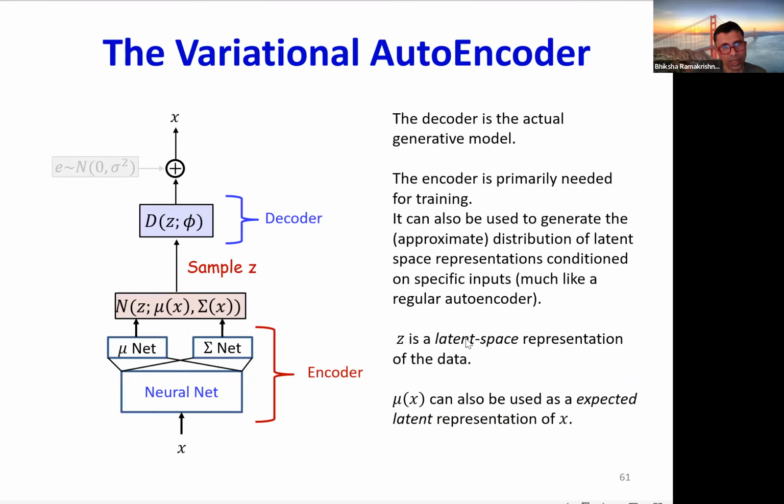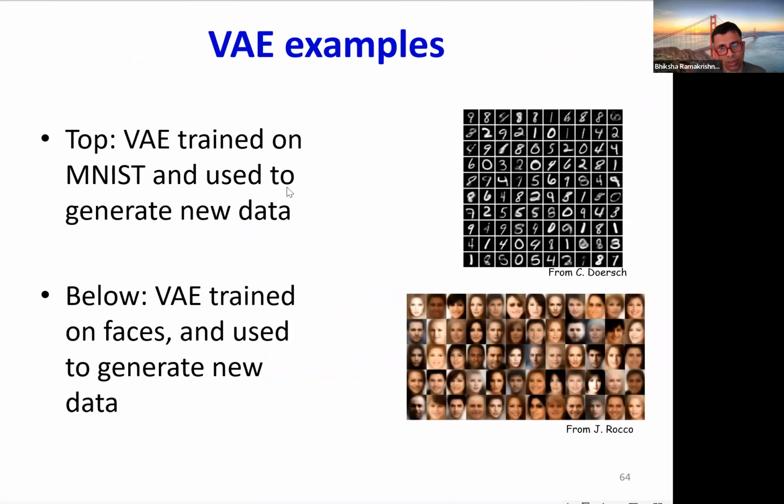Now, once you train the decoder and encoder, the actual generator is the decoder, as we saw. I can use the generator to generate new samples. Sigma you could or could not retain. Typically, when I ask you to generate something, you generate the mean of the distribution of x given z, so we typically throw sigma away.